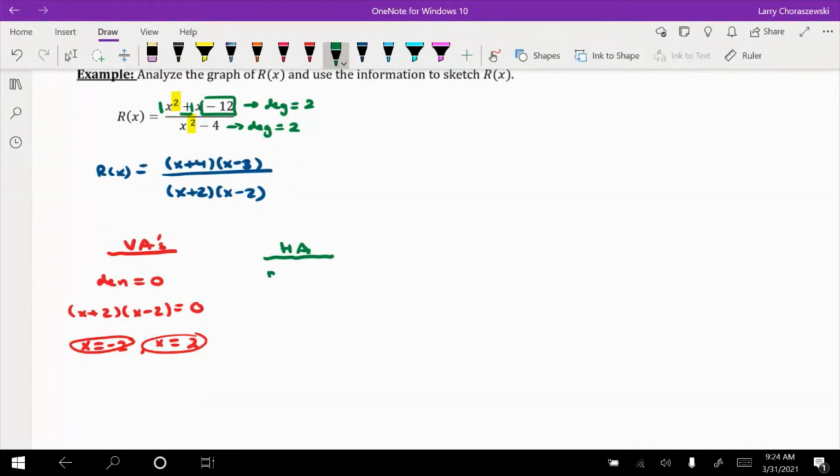So this is a situation where n equals m. Does anybody remember what case that was from the last section? It's case 2. Now case 2 says that the horizontal asymptote is going to be the ratio of leading coefficients. In other words, a fraction, in which case the numerator is 1 and the denominator is 1 as well.